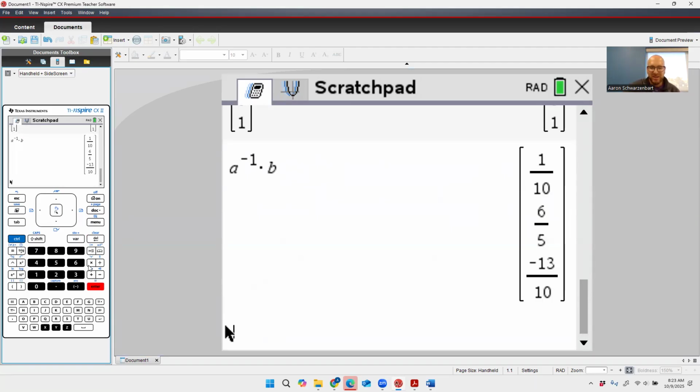So X is 1/10, Y is 6/5, Z is -13/10. And even for vectors, you can do vectors as a single column matrix. So you can do a lot of operations on them by storing them and not having to re-enter it every time.